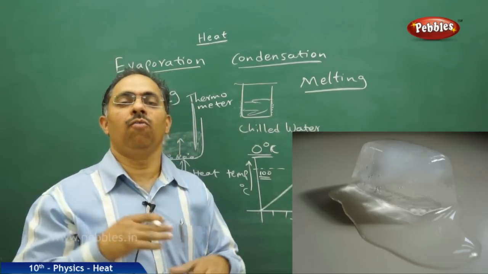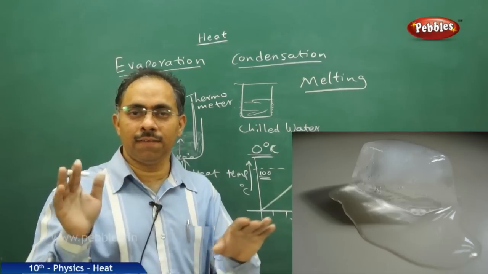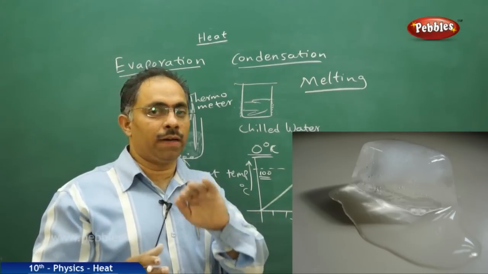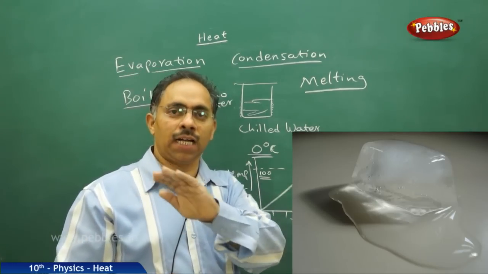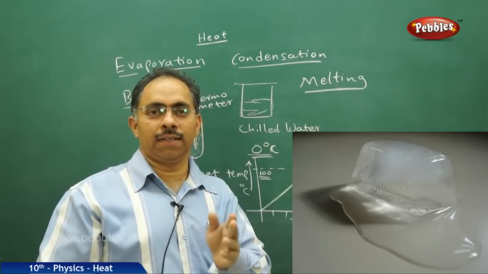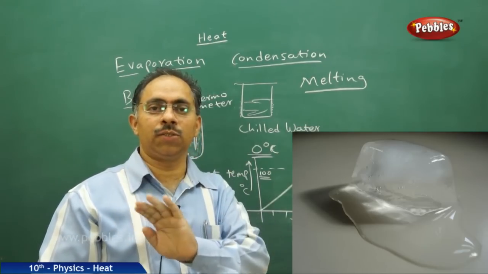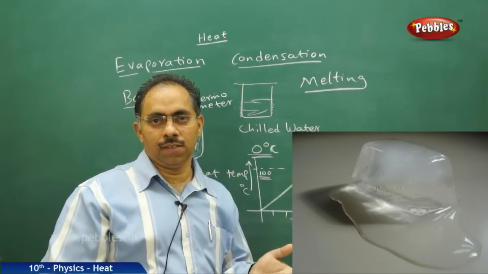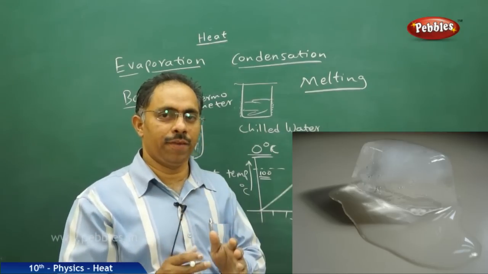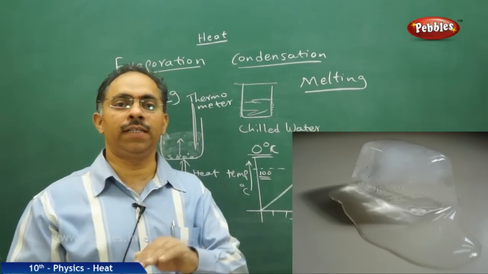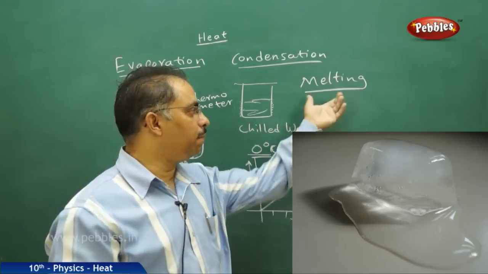Further heating, the temperature will not increase beyond 0, but it will start melting. It will go from solid state to liquid state. So there is a change of state. This process of converting solid to liquid is called melting.